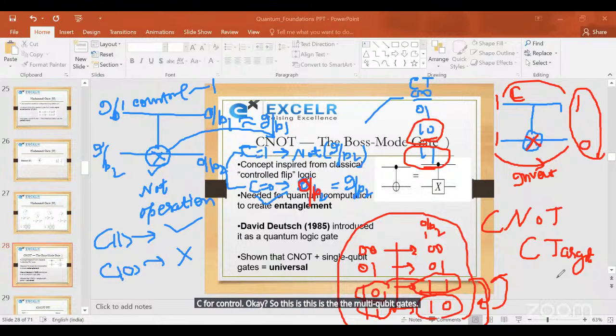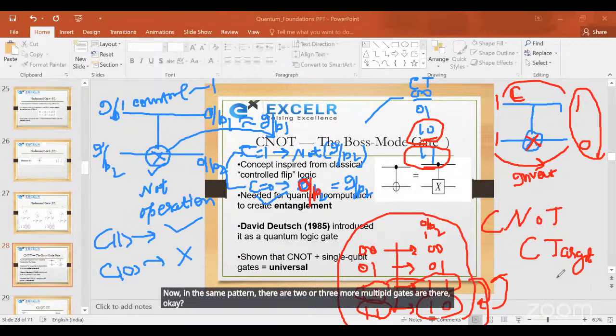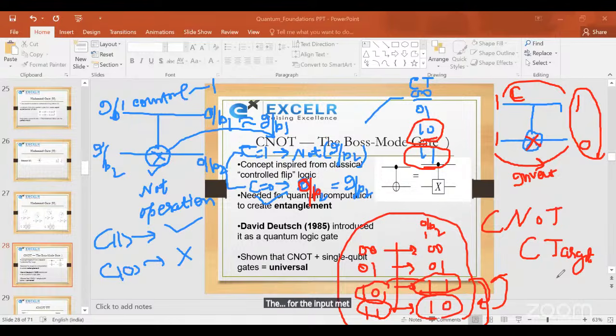In the same pattern, there are two or three more multi-qubit gates. From the Wikipedia page, you can follow the transformation matrix, and for the input matrix, you can use an outer product or a tensor product. So that's it from my side.